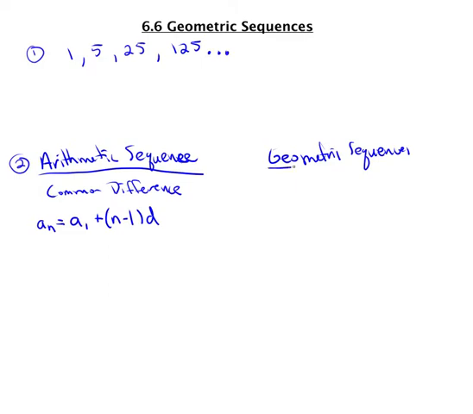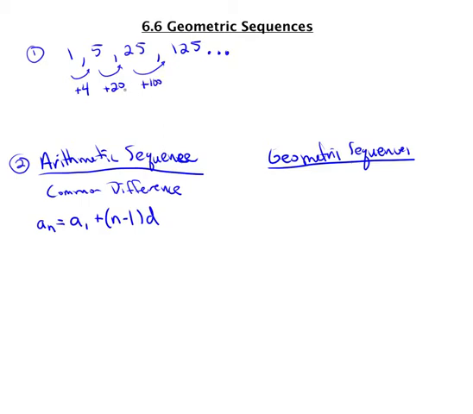So geometric sequences is a little bit different. So let's take a look at this example, 1, 5, 25, 125. You probably see it already, but if we think about it as an arithmetic sequence first, we would have to find the plus or minus, and these are pluses because they increase. So plus 20, plus 100.